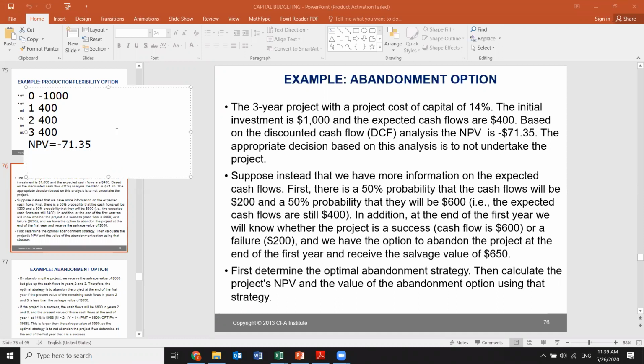So suppose instead that we have more information on expected cash flow. We have different scenarios: there is success, and there is failure. There is a 50% probability the cash flow will be $200, and a 50% probability that it will be $600.